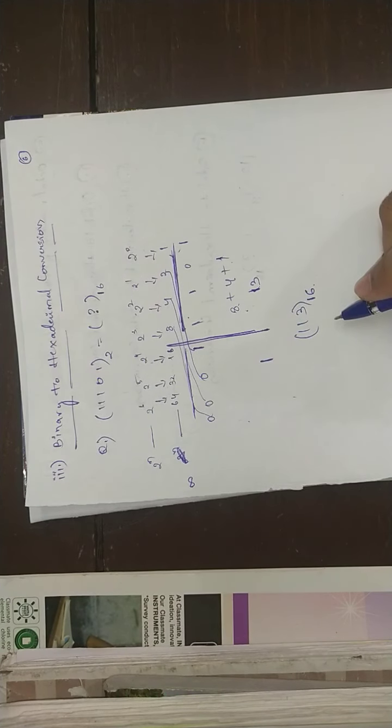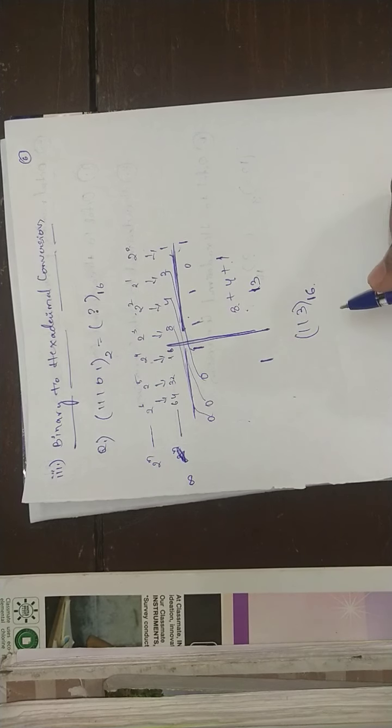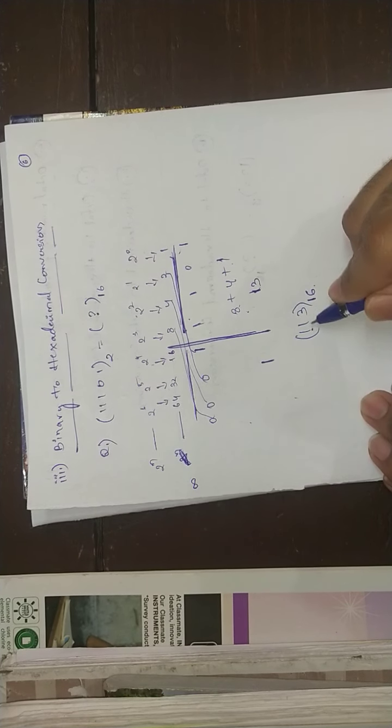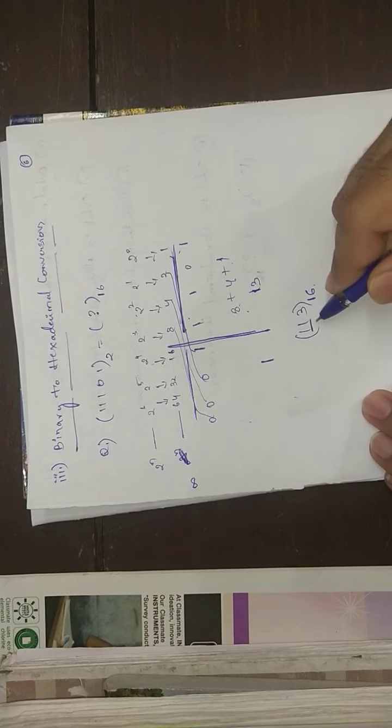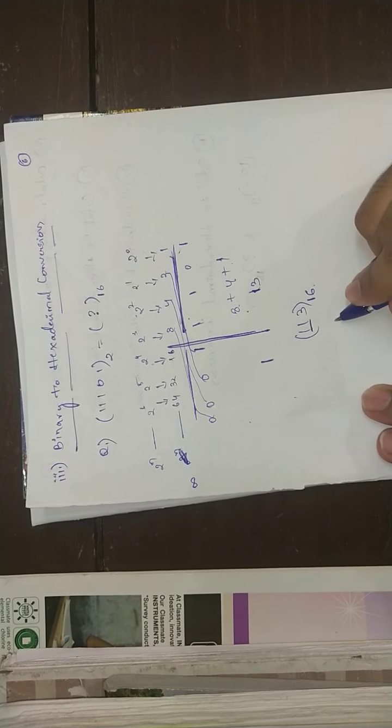Now generally in hexadecimal, the numbers 0 to 9 are represented as 0 to 9, but 10 to 15 are represented as A, B, C, D, E, F. Here the 1 is represented as B, and the 3 is represented as 3.